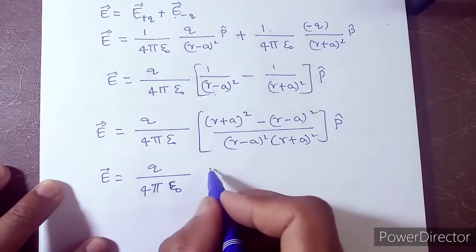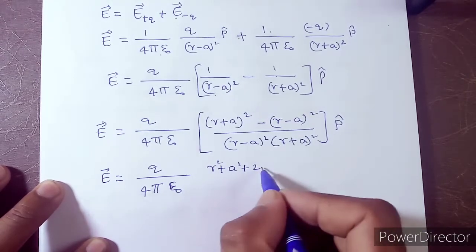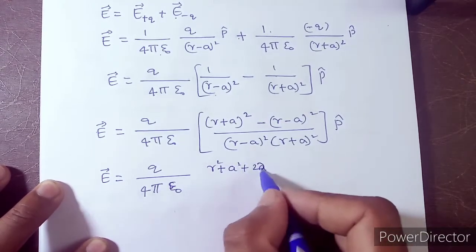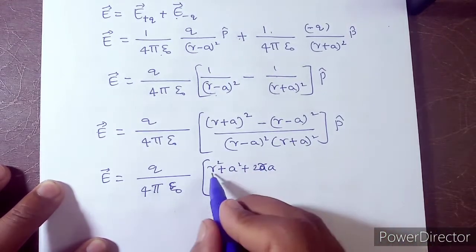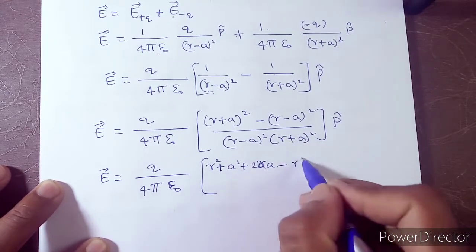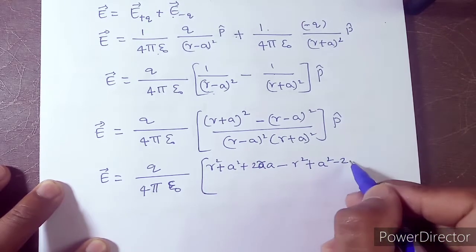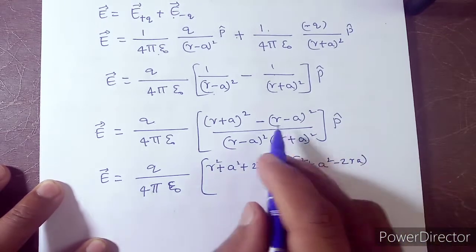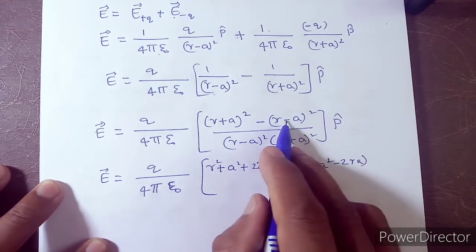So here (A plus B) whole square is R square plus A square plus 2AB; sorry, in place of A we have R, in place of B we have A. Okay, so R square plus A square plus 2RA minus (R square plus A square minus 2RA), because it is (R minus A) whole square, that is in the form of (A minus B) whole square.